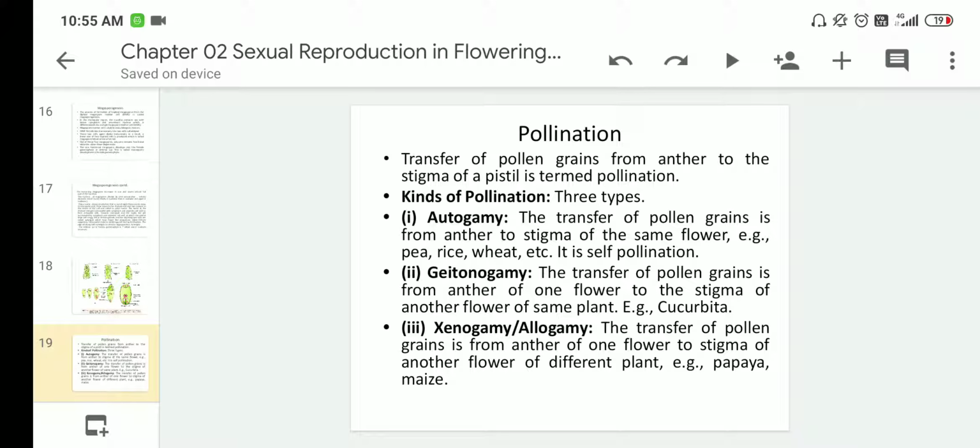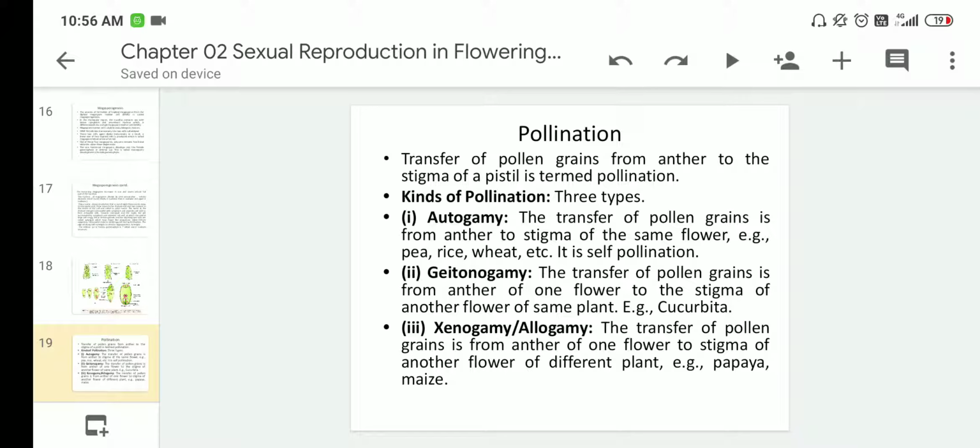Deuterogamy is somewhat modified self-pollination. The transfer of pollen grains is from the anther of one flower to the stigma of another flower of the same plant. Means there is no genetic variation.